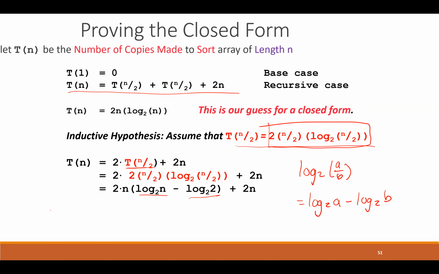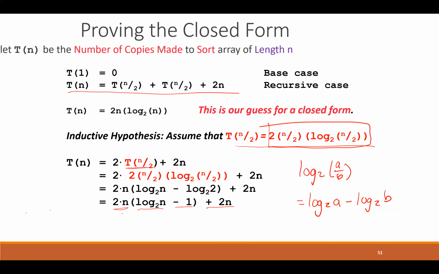Okay. So what's log base 2 of 2? Yeah, 1. The log base anything of itself is the number of times I divide by 2 until I get 1. So that's equal to 1. So this is equal to 2n times log base 2 of n minus 1, plus 2n.